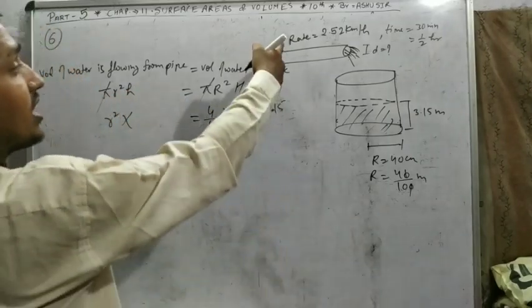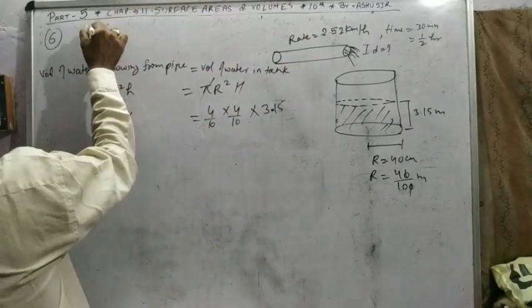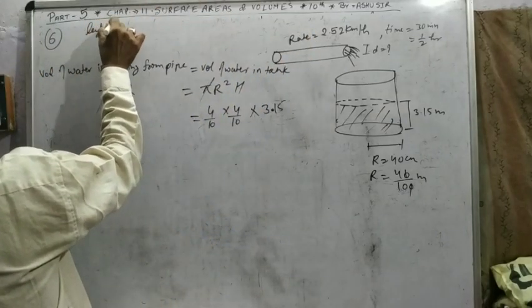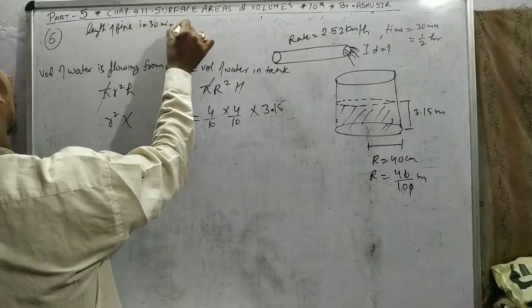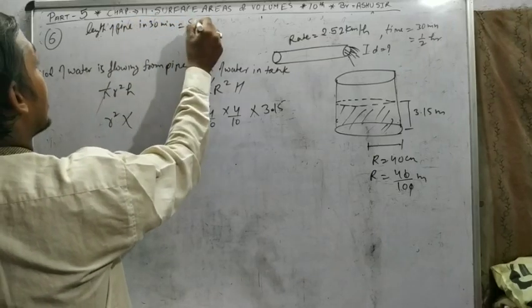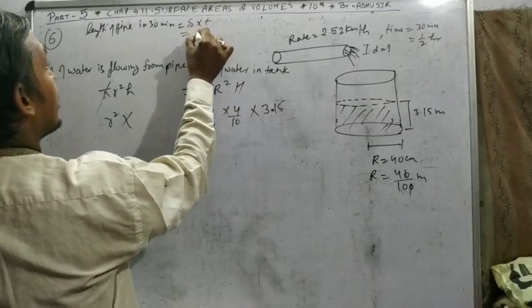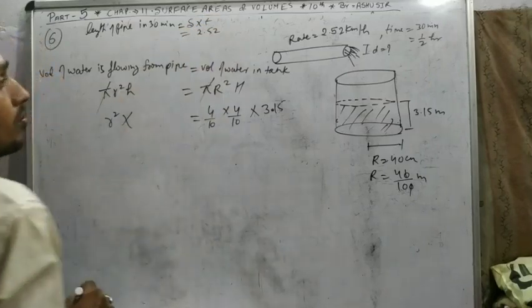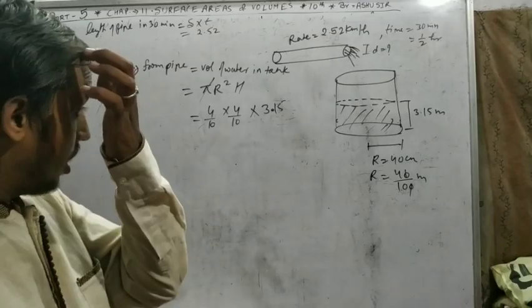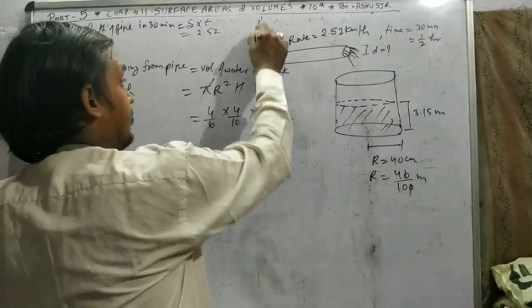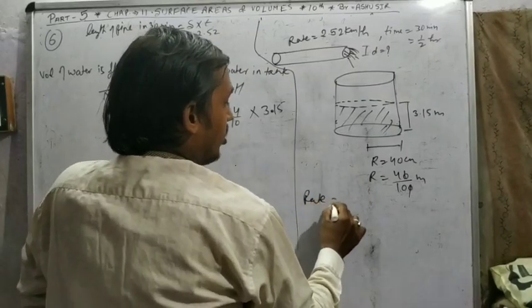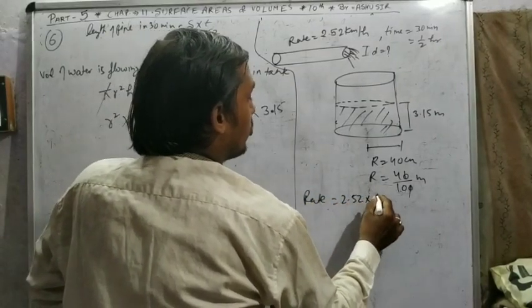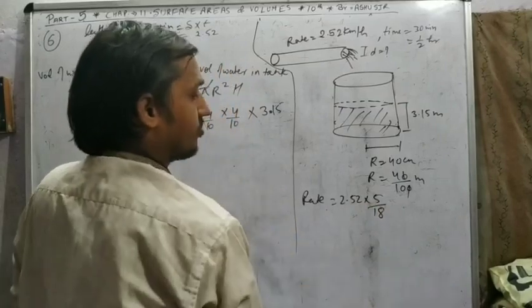Here we have to find the length of pipe in 30 minutes. Distance equals speed into time. Speed is 2.52, but here is the speed in meter per second, not kilometer per hour. Rate 2.52 into 5 by 18 meter per second.